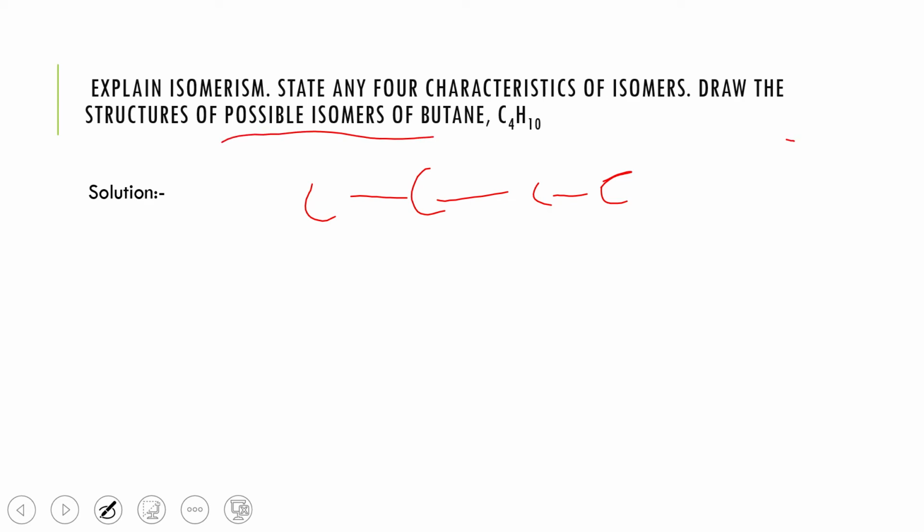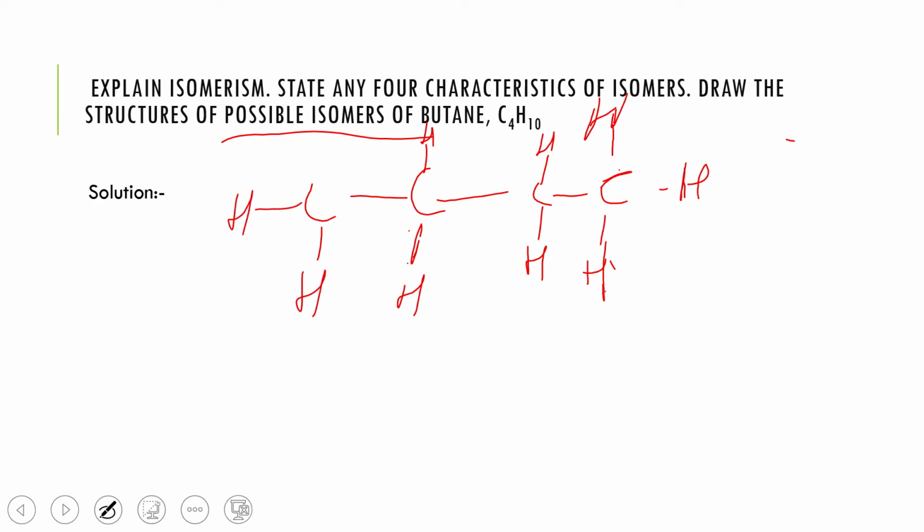So we get, just add H after 4 first, the regular butane. Okay, now the second structure, which is isobutane. Only butane and pentane are asked generally.